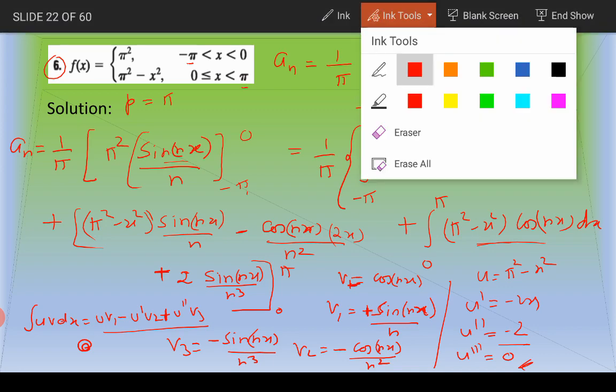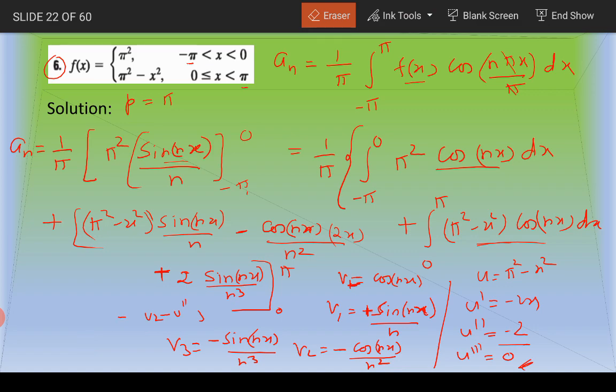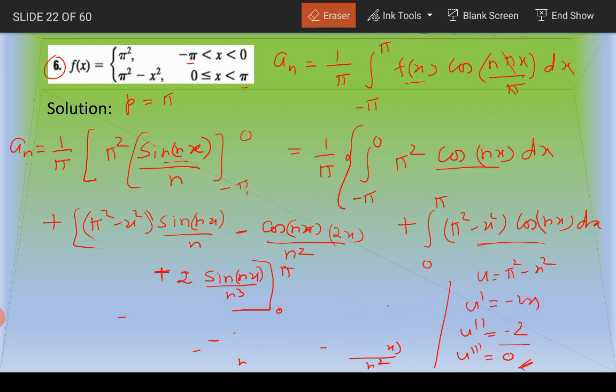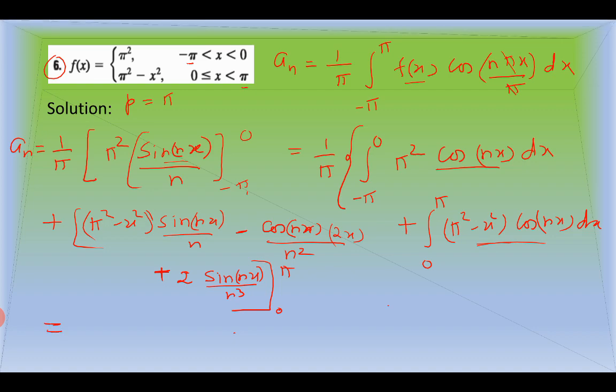Now I erase some parts so that the integration can be solved here. This first term will be zero.